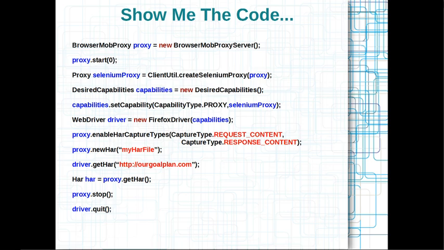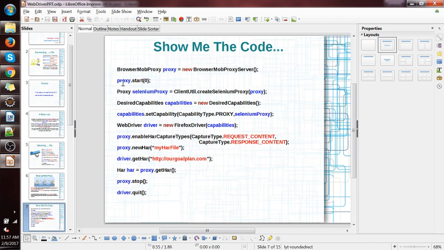Now, what actually happens in a practical situation is we have to put a Thread.sleep after this, because it takes some time to write into the file. After that we will be calling proxy.stop, which will stop the server gracefully, and driver.quit. Okay, so let's see how this works.